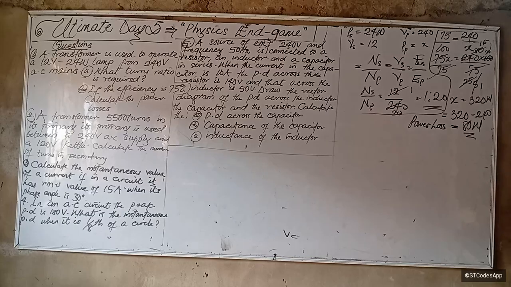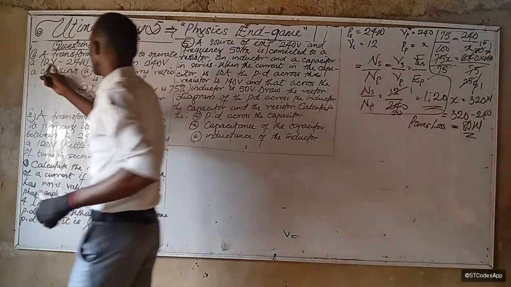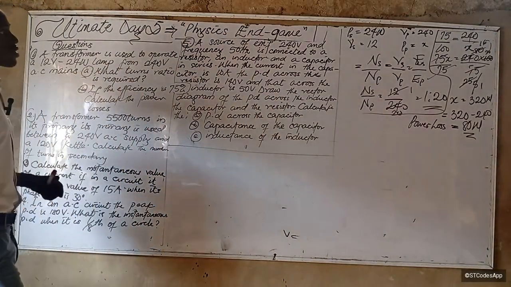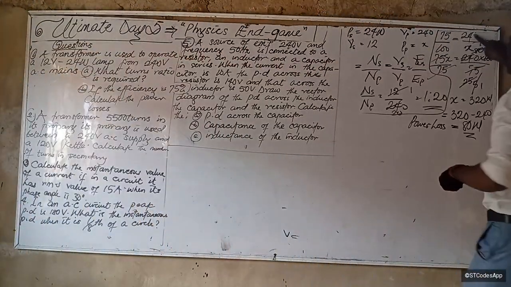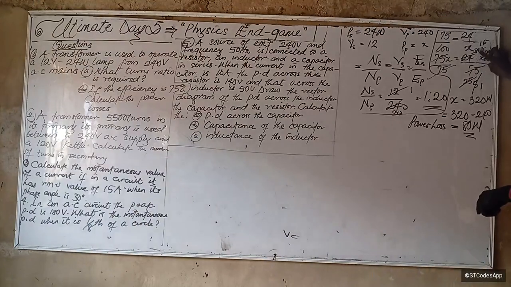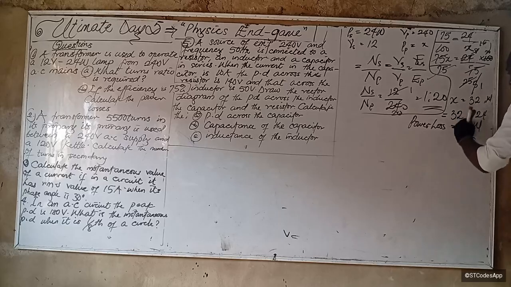But the other way we can calculate that is this. Since the efficiency is 75% and it's delivering 24, not 240, 24 here. Do you see where I made my correction?